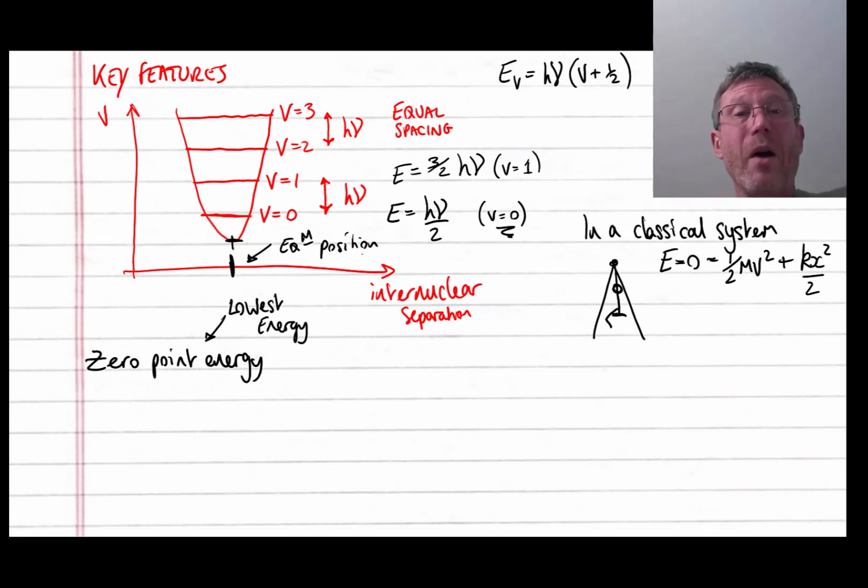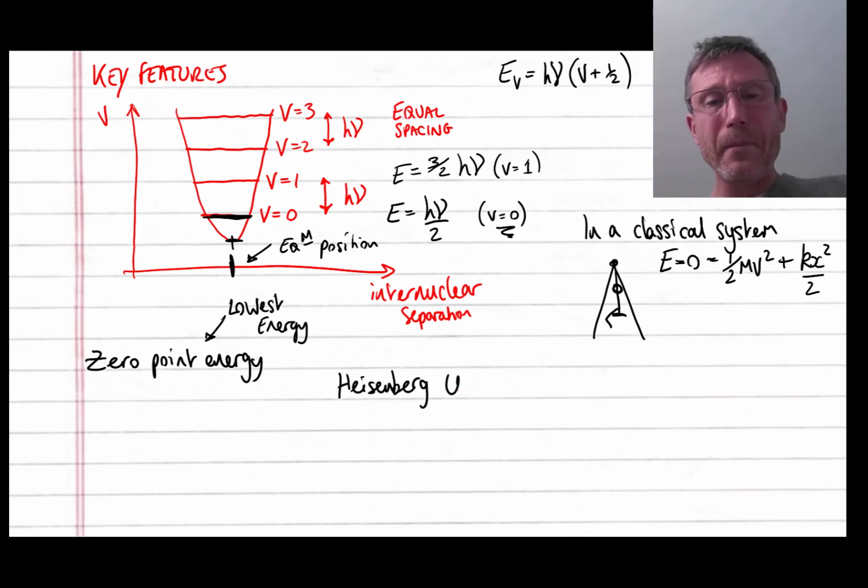At our lowest quantum mechanical energy, we're actually still moving. We have some finite energy, so there's a difference between the quantum mechanical system and the classical system, and I'm going to say it comes down to the Heisenberg uncertainty principle.